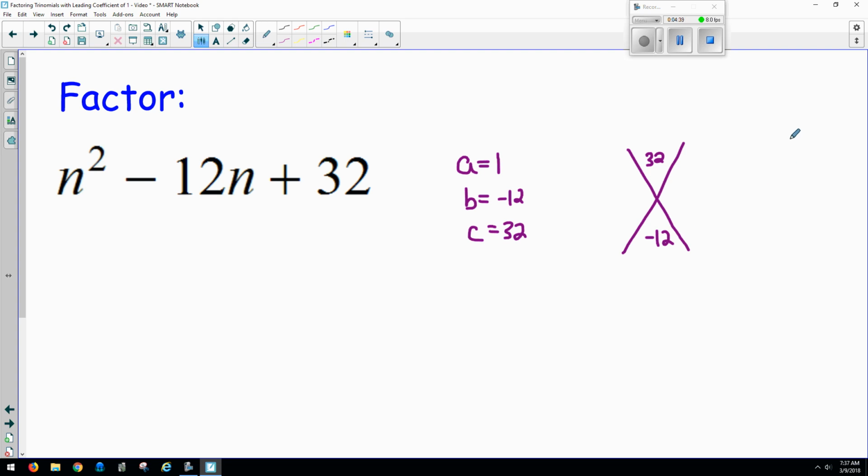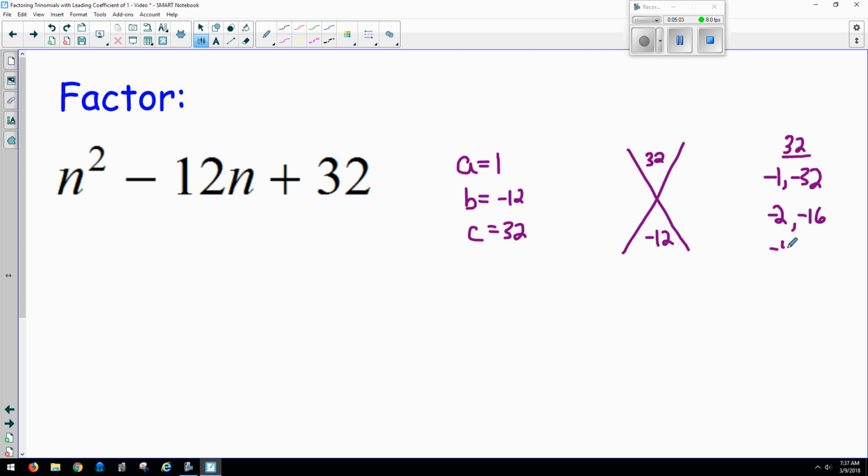And so now I'm going to list the factors of 32, keeping in mind that in order to get a positive when I multiply and a negative when I add, they both are going to have to be negative. So I can have negative 1 and negative 32. I can have negative 2 and negative 16.